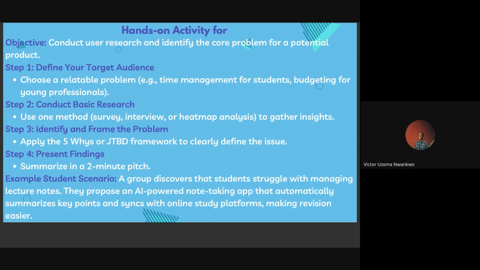Okay, so my question is, while you were speaking about the problem identification, I was trying to wrap my head around how it applies to new products, because while you were speaking, it felt like it only applies to existing products. Why did users drop off at the payment page?